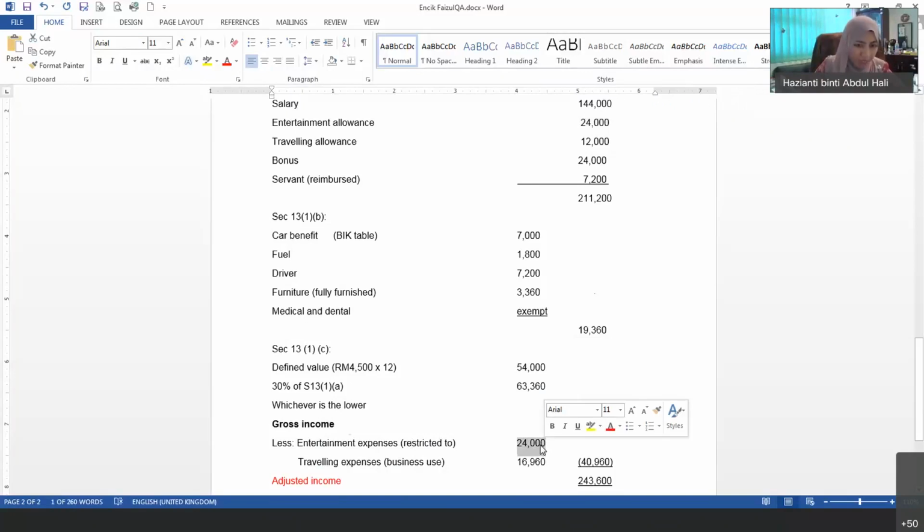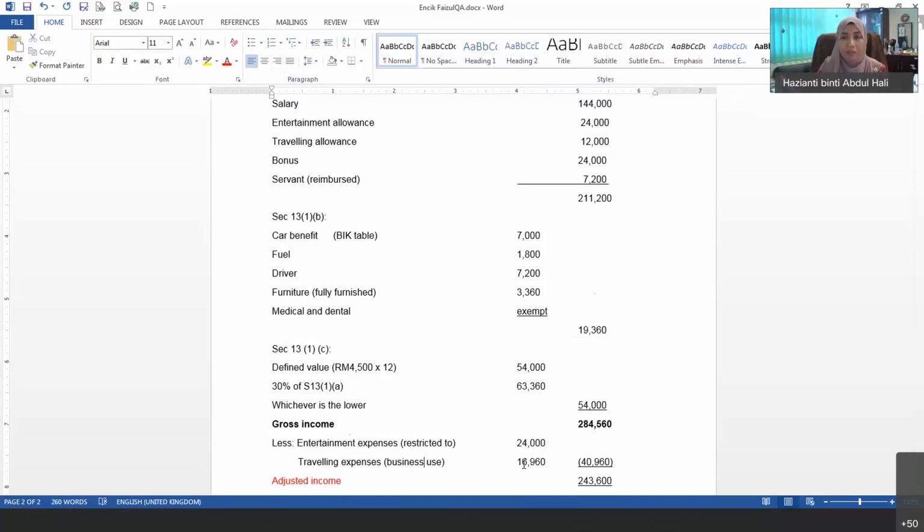Next one, he has traveling expenses. All right. Traveling expenses only for business use. So remember, whatever you get from the employer, or the traveling expenses from house to office, is considered as personal expenses.